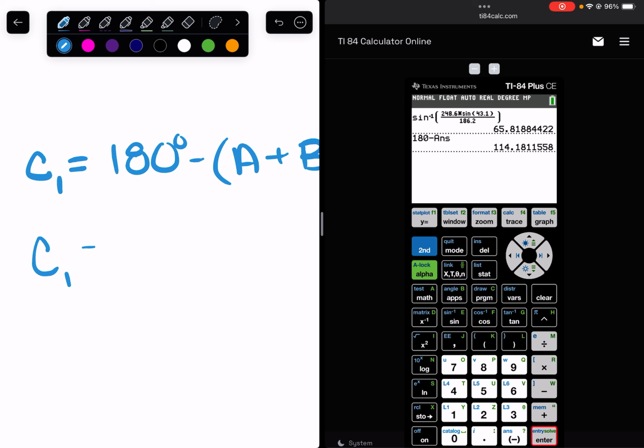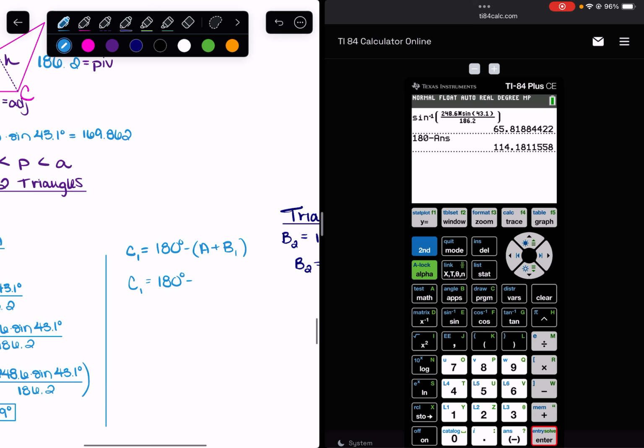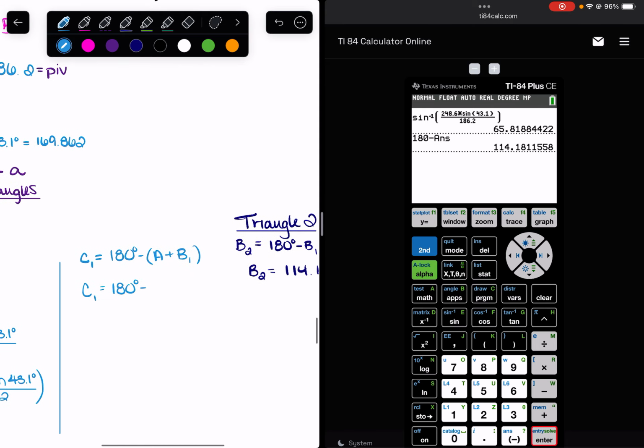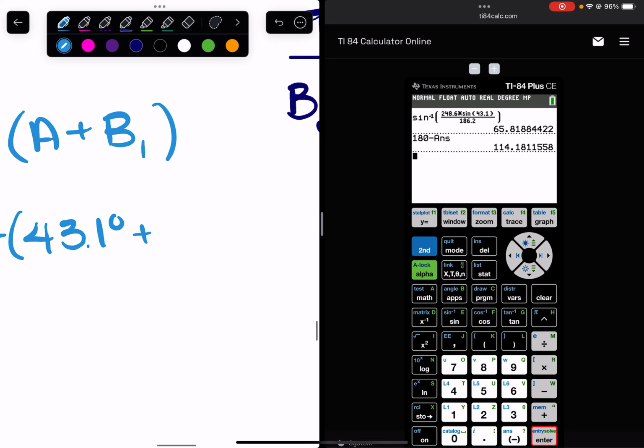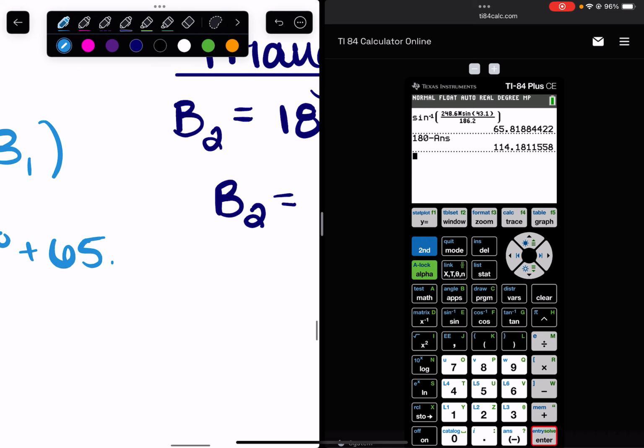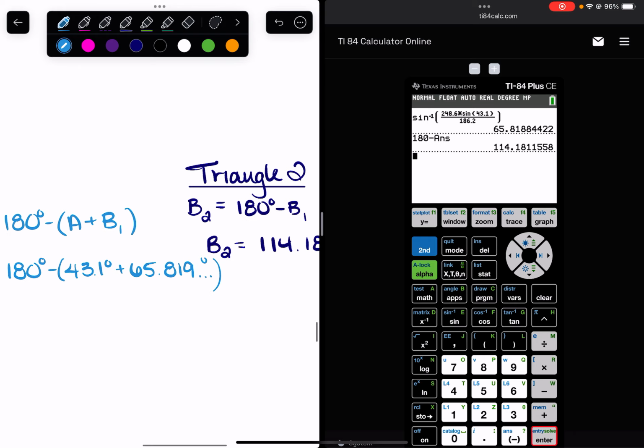So angle C1 is going to be 180 degrees minus A, which was 43.1, plus B, which again, be careful, don't get them mixed up in the calculator, the 65.819 value that's sitting in that calculator right there.